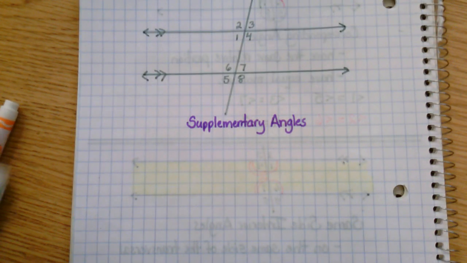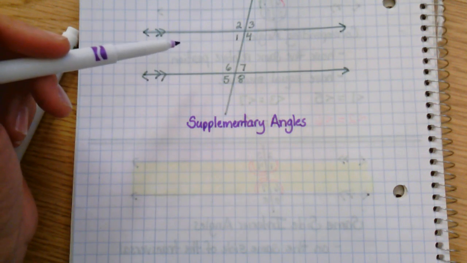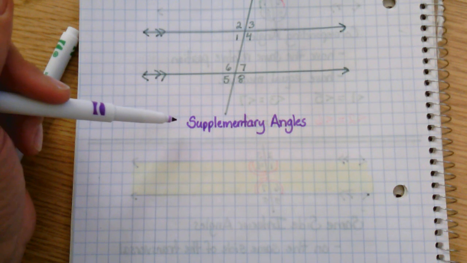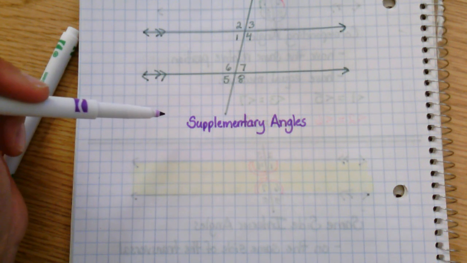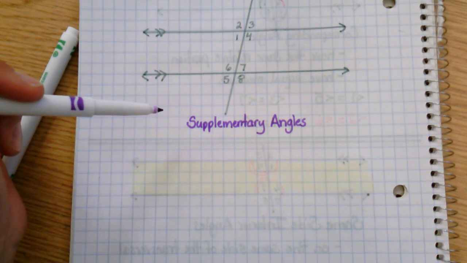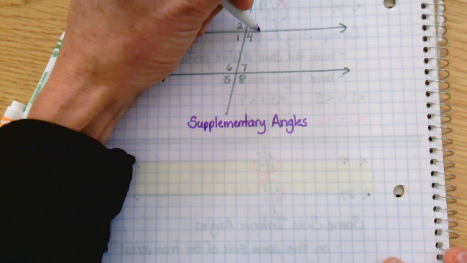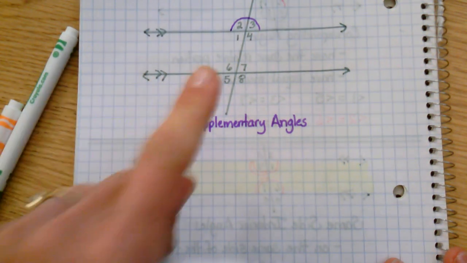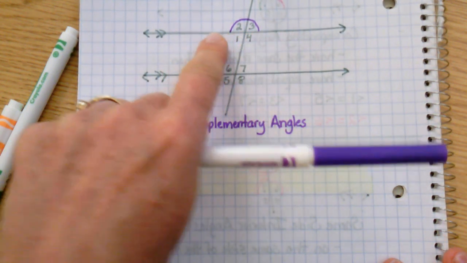If we return to the original diagram that we were working with on our first few angle relationships, and we look for supplementary angles, you will see that there are many different pairs of supplementary angles. For example, I can look at angles 2 and 3 and see that together they make this straight angle or straight line.